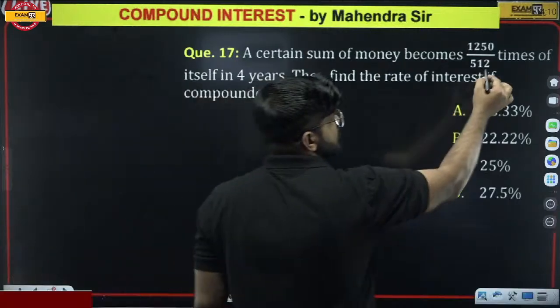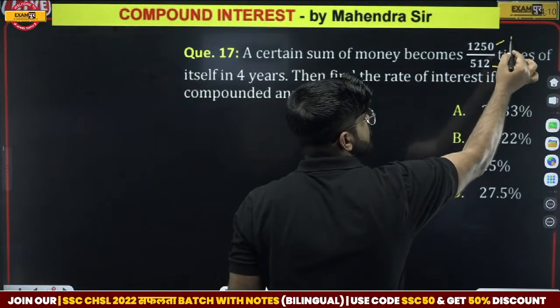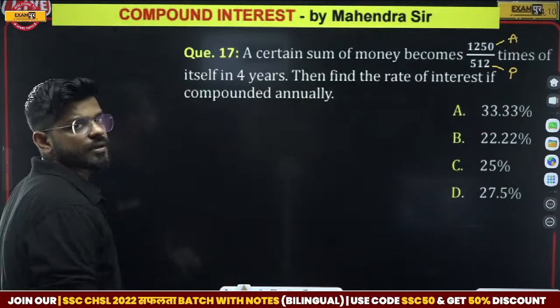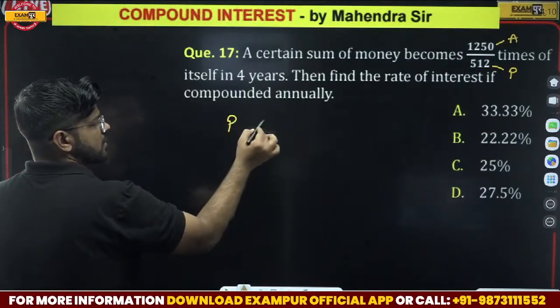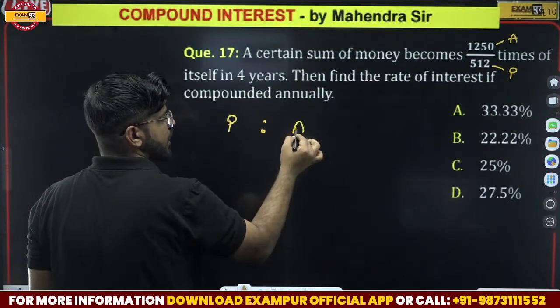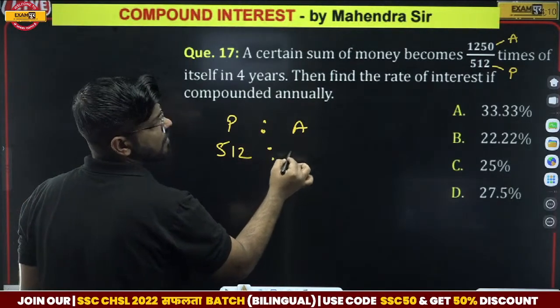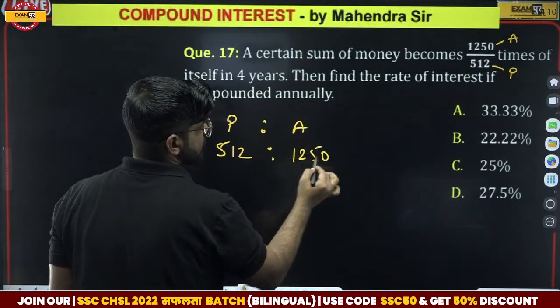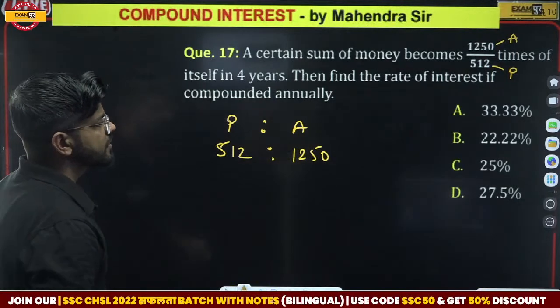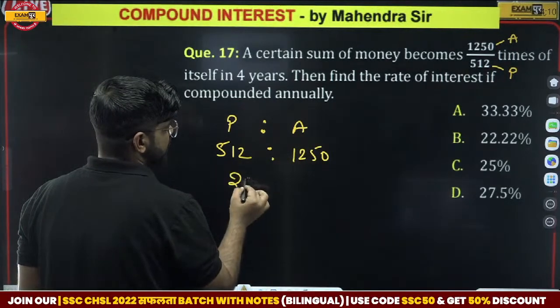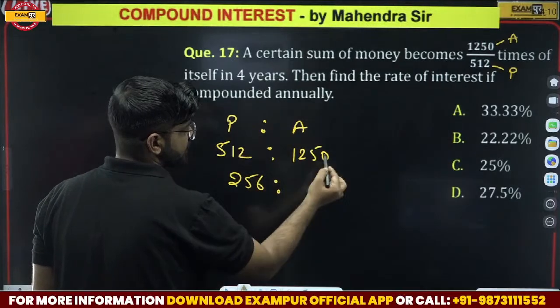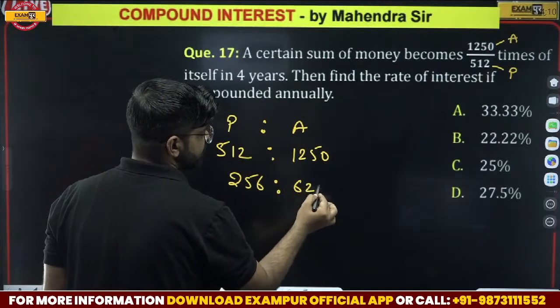So this is nothing but the P, this is nothing but the A. So P ratio A, 512 and 1250. Just cancel it out by 2. So this will become 256 and this will become 625.